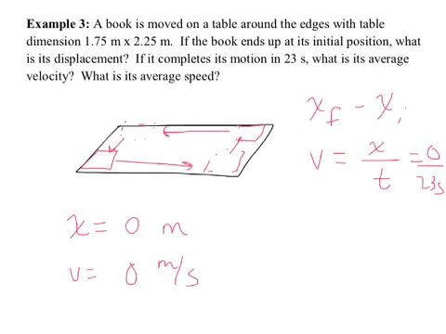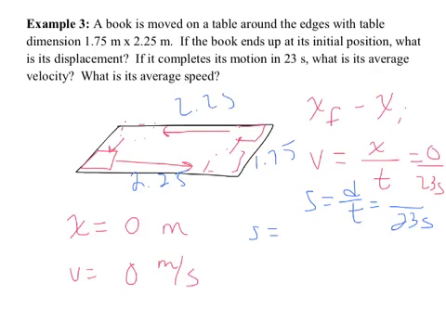Here's the part that helps us make sense of this: speed. Speed is defined as distance over time. The time is 23 seconds, but the distance traveled we have to think about is this: 2.25 is this way, 1.75, 2.25, and 1.75. If we add those 4 different directions up, we get a total of 8 meters.